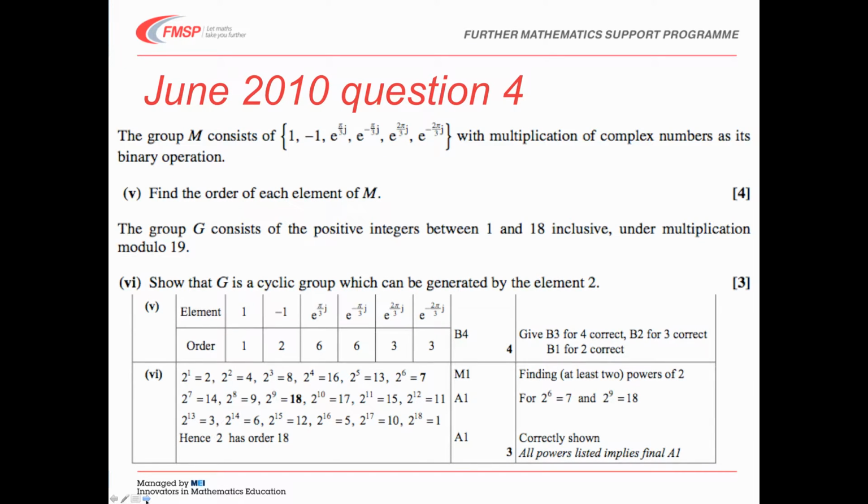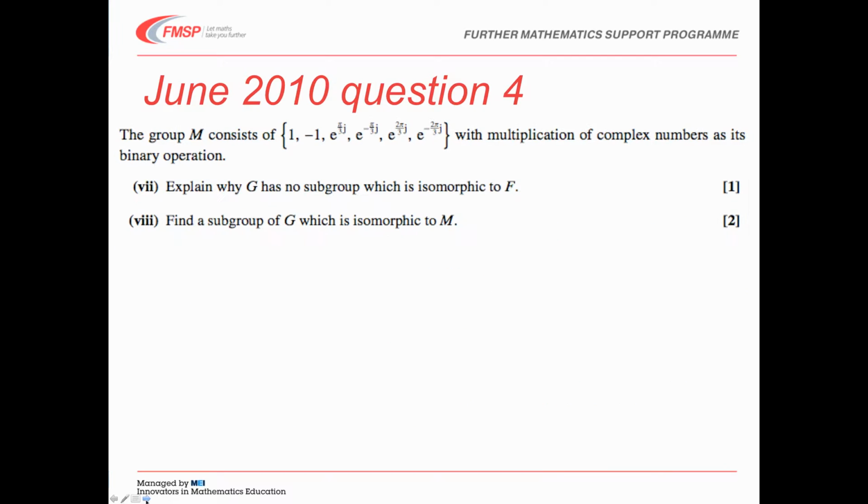It can have a subgroup of order 6, but why can't it be isomorphic to F? And it's 1 mark, so it's obviously going to be a simple reason, and in this case, the most obvious one is the fact that F is not abelian, it's not commutative, the elements aren't commutative, and that G is abelian.